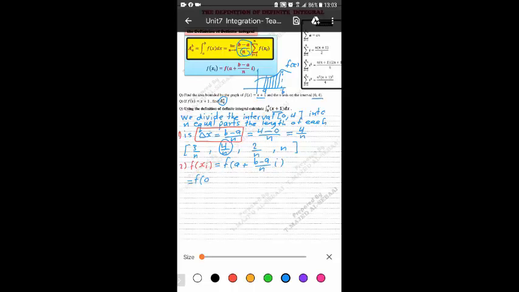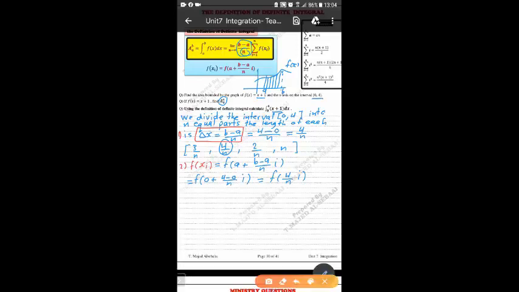It is 0 plus 4 over n, because it's (4 minus 0) over n, times i. So this will be f of 4 over n times i. You understand? This is f of xi. It is equivalent to f of 4i over n. Clear? Okay, I will continue.